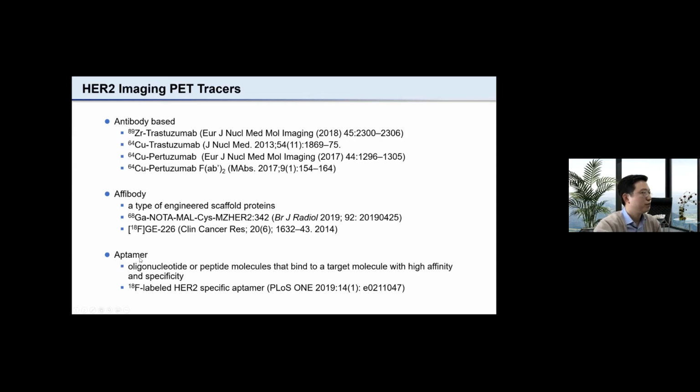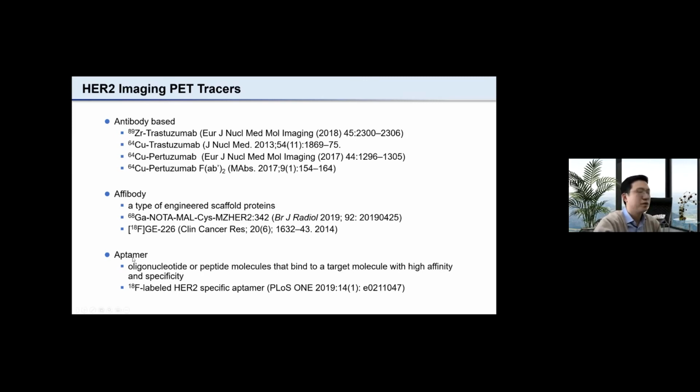And also aptamer is reported as a HER2 imaging agent. So aptamer is not a protein, but it is an oligonucleotide or peptide that has a high binding affinity to a target.